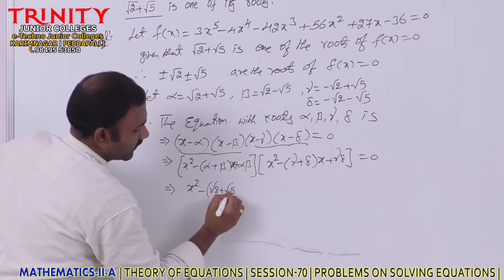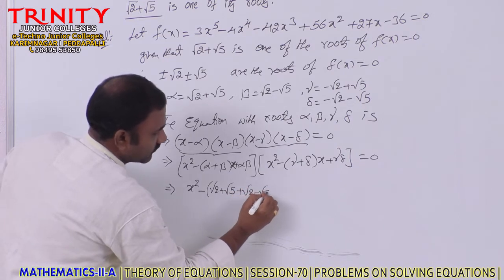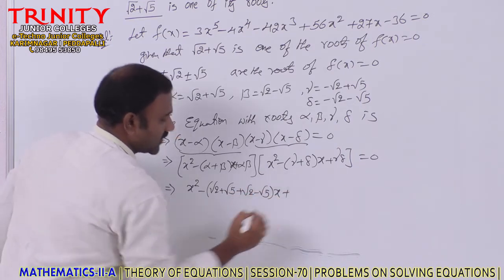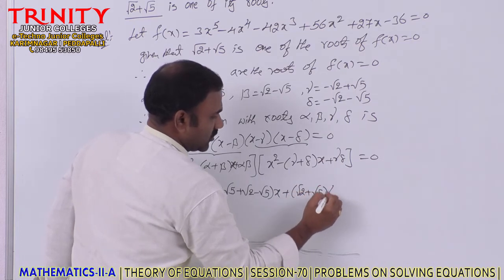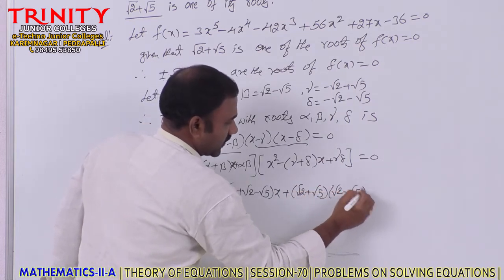Root 2 plus root 5 plus root 2 minus root 5 into x plus root 2 plus root 5 into root 2 minus root 5.